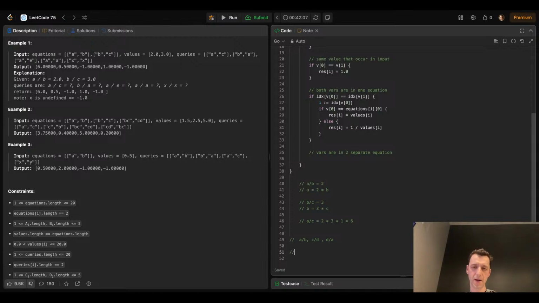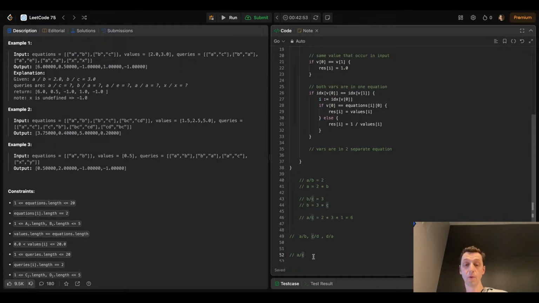And the query is about A and C. So that means to express A, you have A and D and A and B. To express C, you have D and A. Oh, C you can express through D. And yeah, so we have some values here.